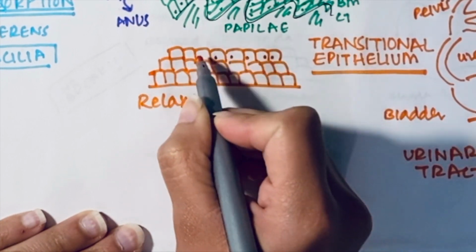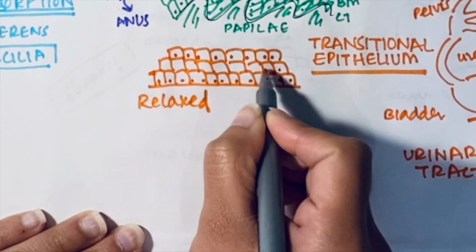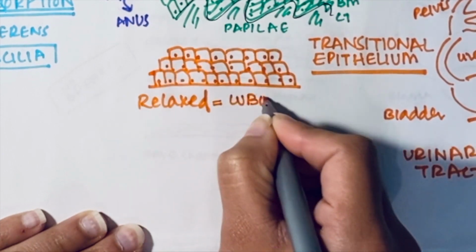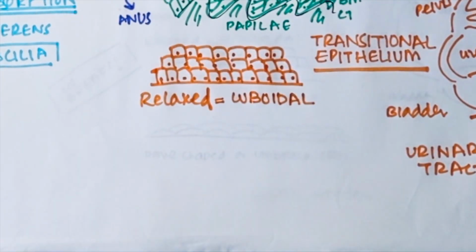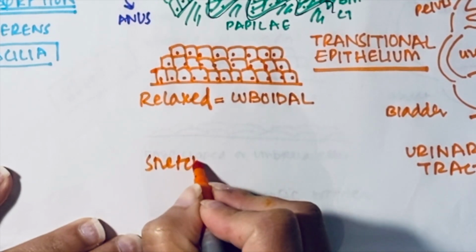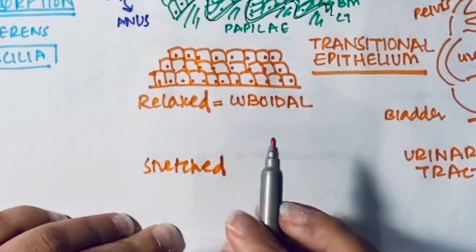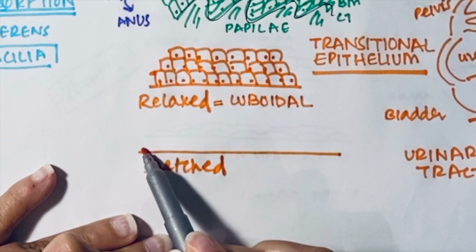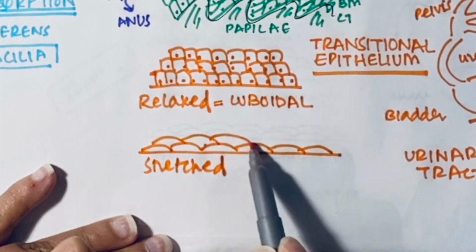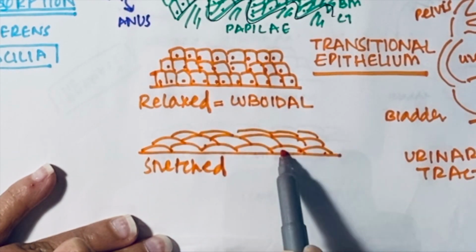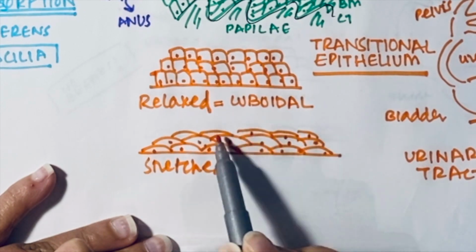And then as the bladder starts filling up with urine, or the urinary system is stretched by the formation of urine, these cells slowly start to become flattened and become squamous epithelium, which is present in 2 or 3 layers. So there's a change in shape and a change in number of layers as well.